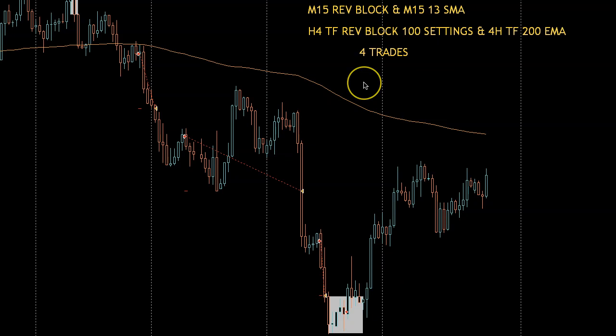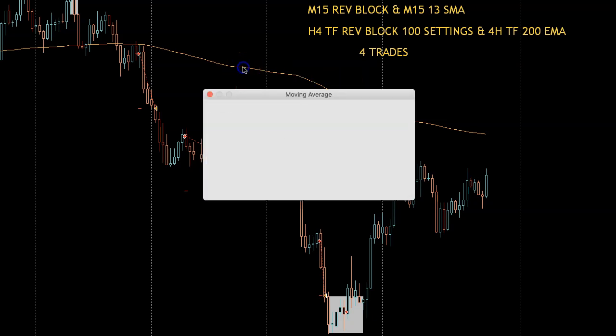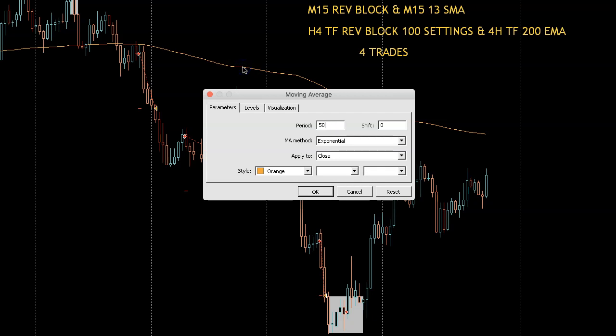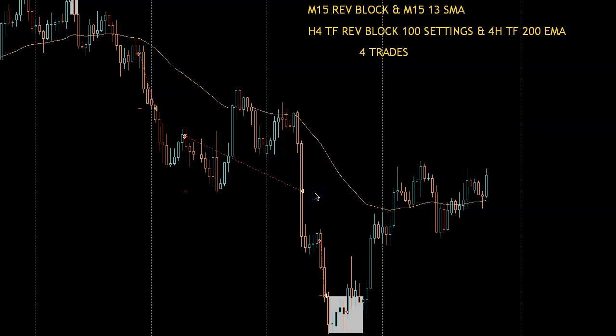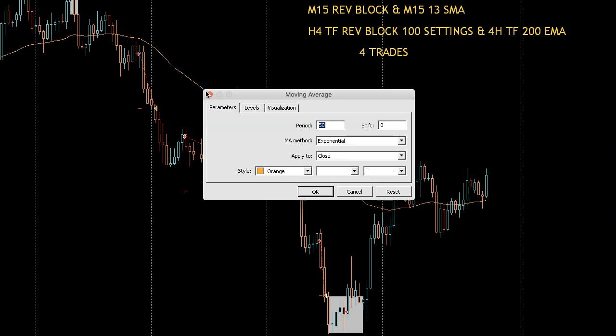So yes, it is possible to combine 2 higher time frame trends. You can use a block, and then you can also use a moving average. You can be creative and use any other type of moving average. You can use the 50, or, like I said, you can just get creative yourself, and from there you start to see what the market is giving you, right?